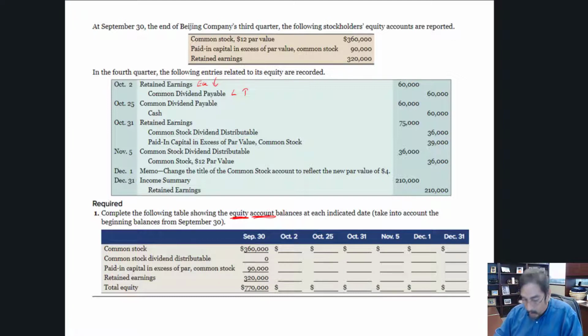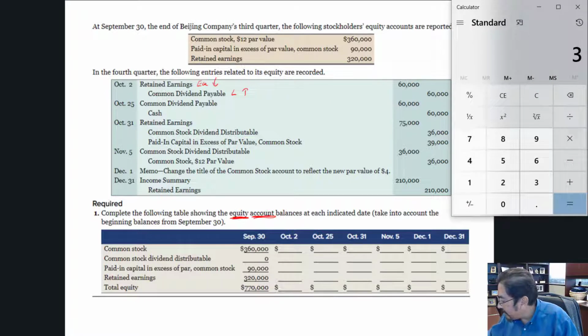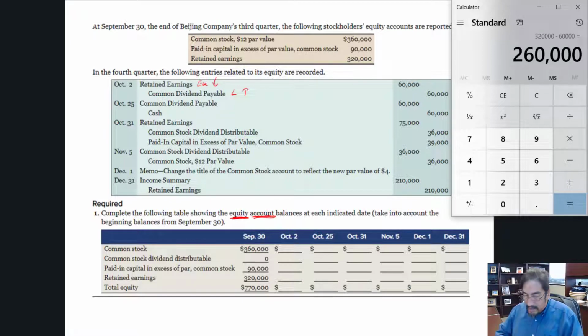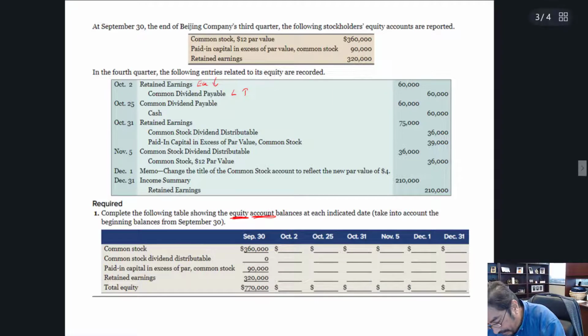$60,000. So it was $320. I should probably be able to do this in my head. And we are reducing it by $60,000. So now it is $260,000. Nothing else changed. We haven't issued any more common stock.